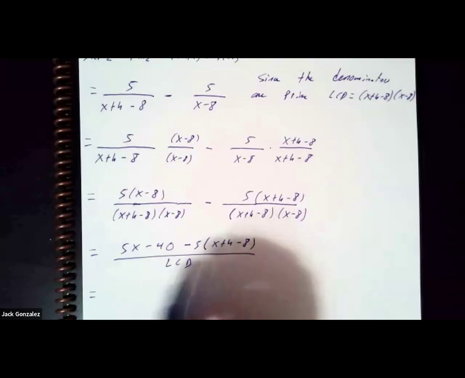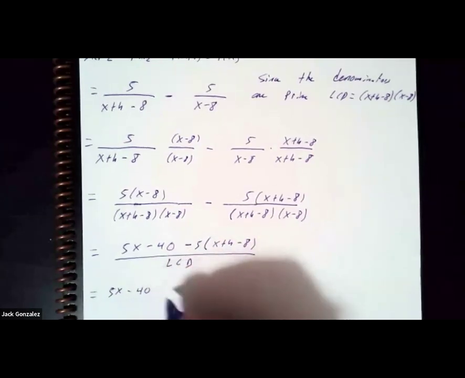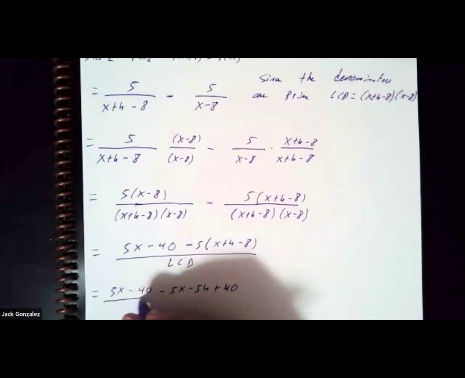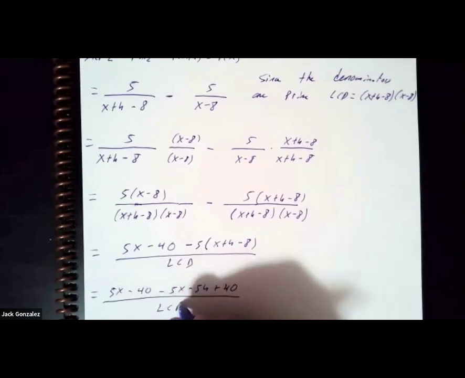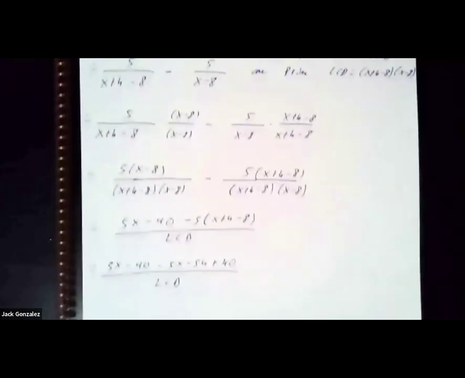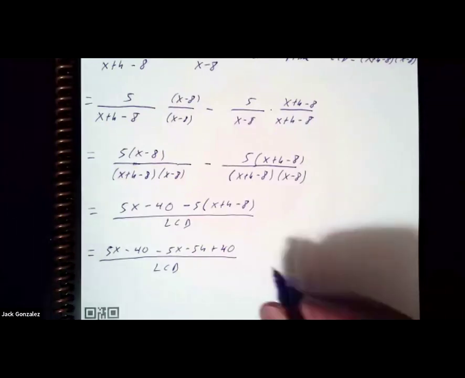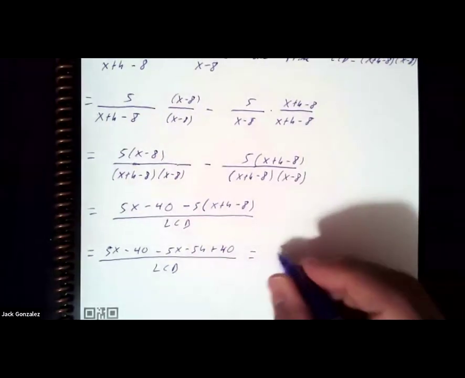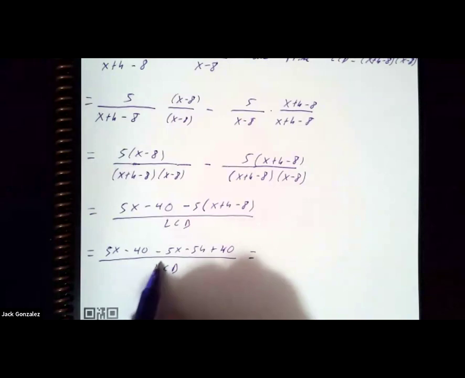Okay. Distribute your -5 and you'll get 5x minus 40 minus 5x minus 5h plus 40 over LCD. Just about done. So the 5x's cancel, the 40's cancel.